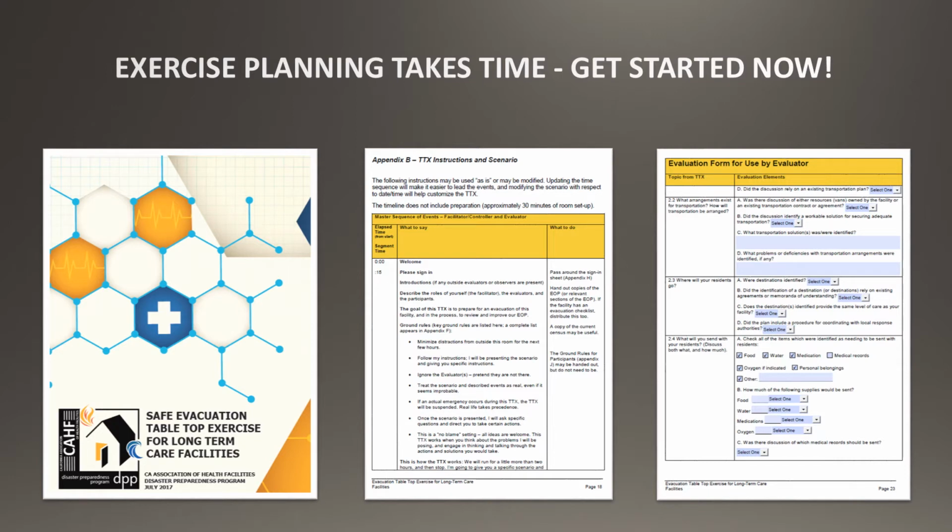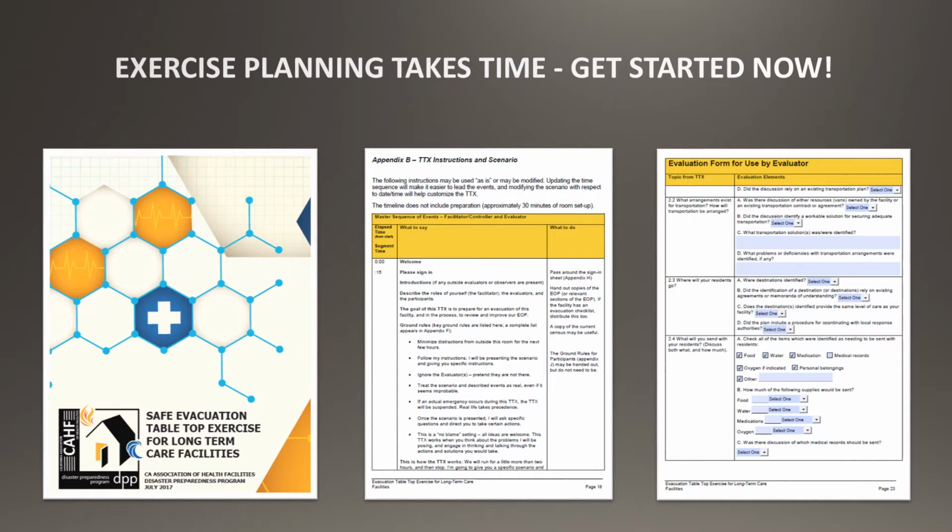You can use the scenario however you see fit. It's there for your use, but you can use any exercise scenario. There are dozens, if not hundreds, on the internet that are available for free, put on by other government agencies that you can access.